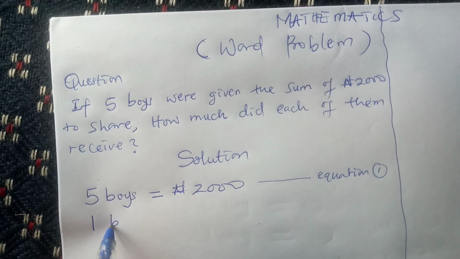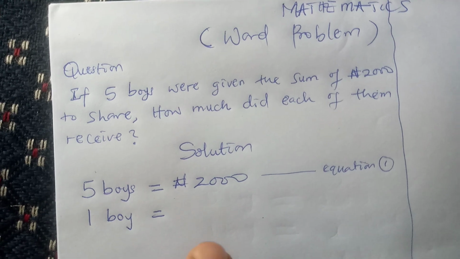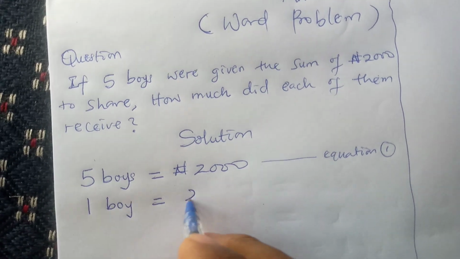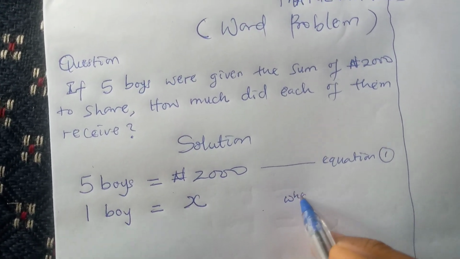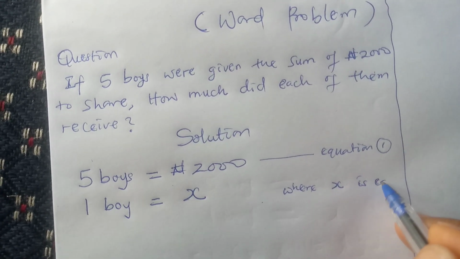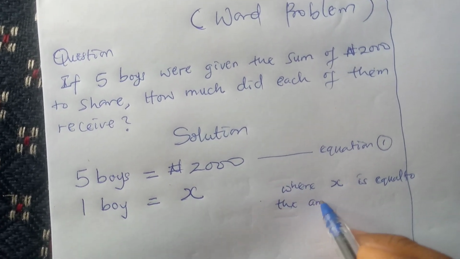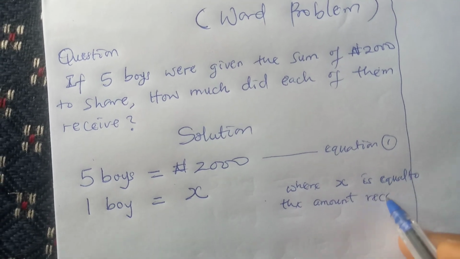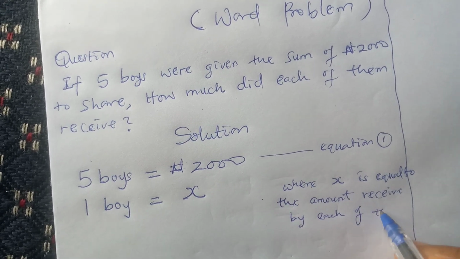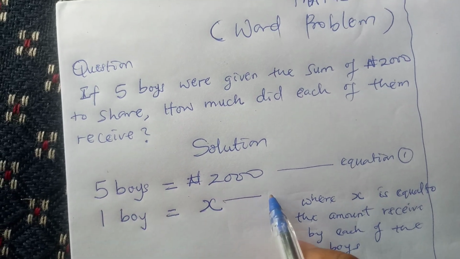So we say one boy will now be equal to, we don't know, we have to look for it, so we can represent that as x, where x is equal to the amount received by each of the boys. So we call this equation 2.